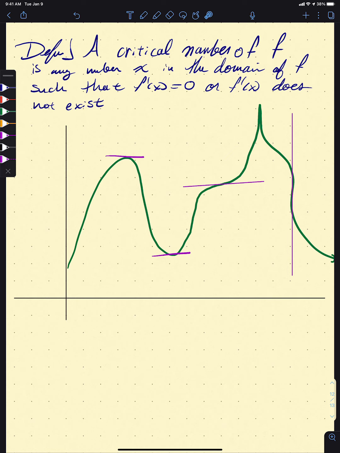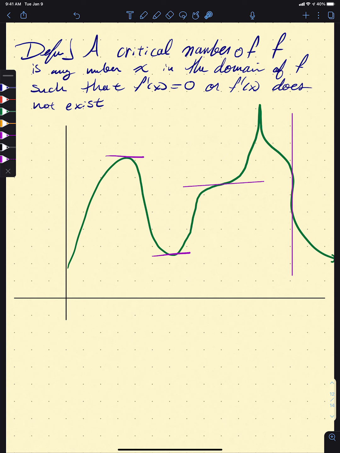And so these unique places, these critical numbers of f, turn out to be our tools and our guides for finding local extrema. And this leads to something called the first derivative test. I've put it up on the next page for you, but I want to give you the idea, right?